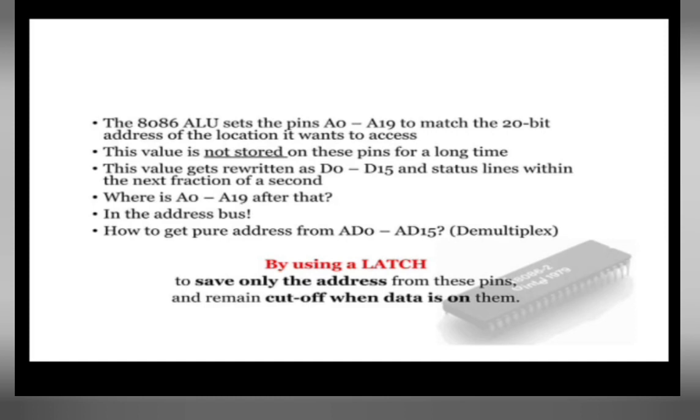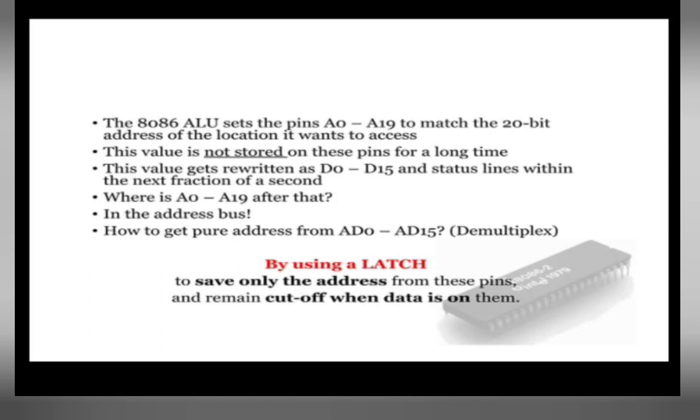In 8086, logical and arithmetic operations set the pins A0 to A19. It matches the total 20-bit address of the location it wants to access. The value is not stored. Why? Because the pins follow long-time instructions. Then it is returned to the D0 to D15 data pins.